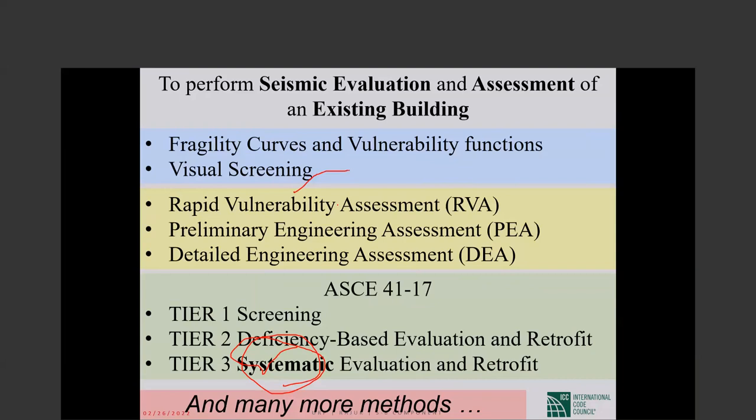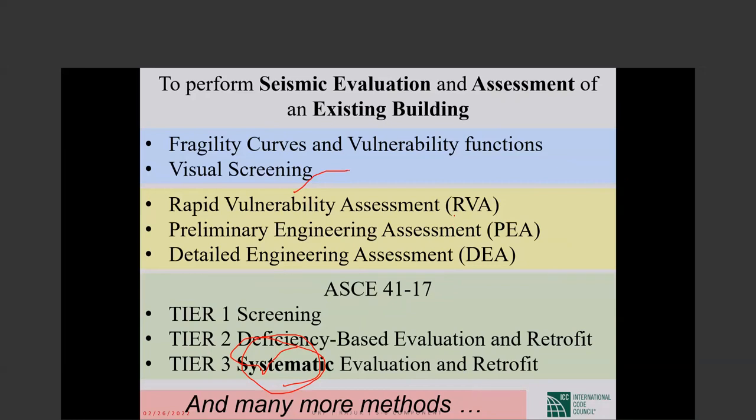So it needs more accurate modeling and analysis when they want systematic evaluation. Otherwise, each one of these approaches and many other approaches are all very useful. So when we want to use an evaluation methodology for existing buildings, we should look at our problem too.